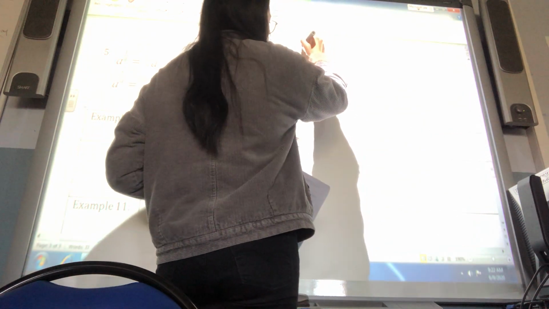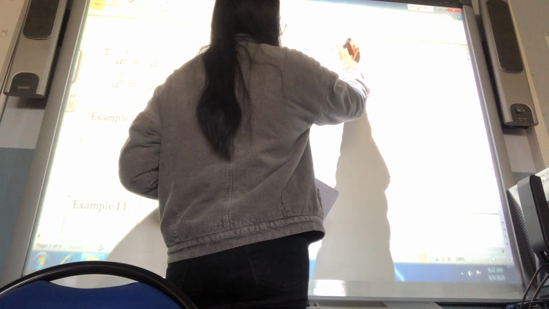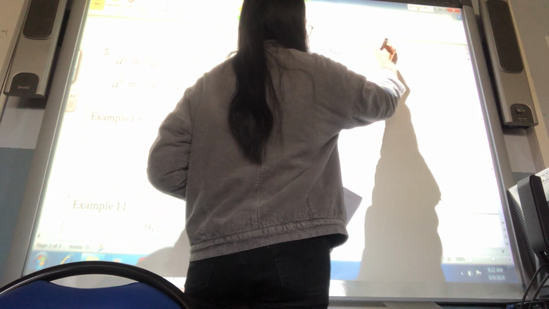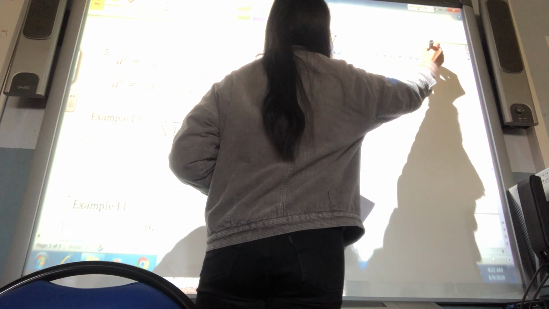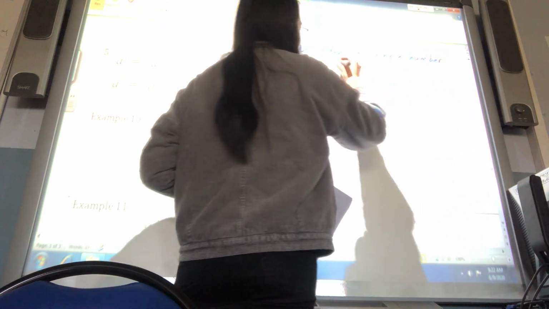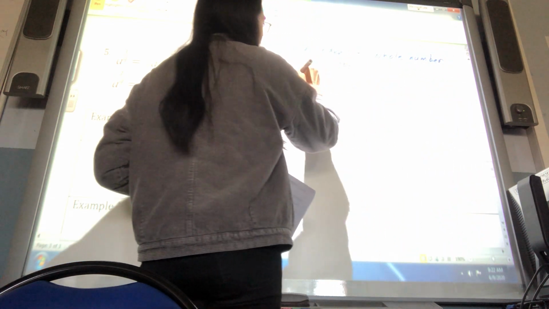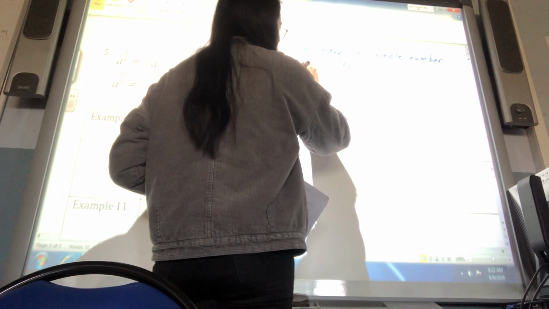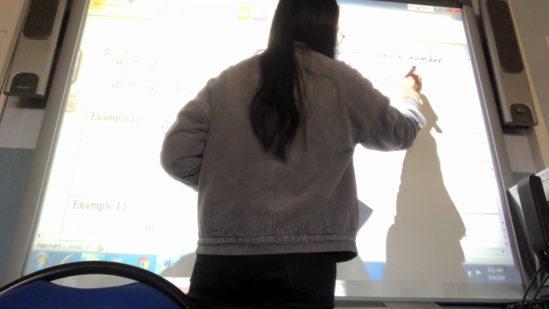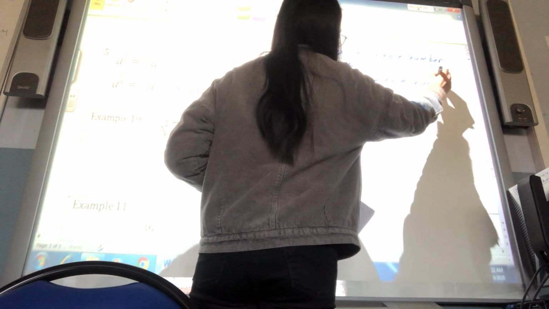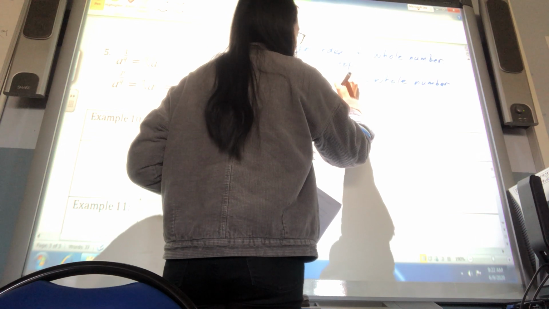If a power, so if an index is positive and a whole number, then it stays on the top. If an index is negative, so an index is negative, whole number, that means it's a fraction, so it stays on the bottom.